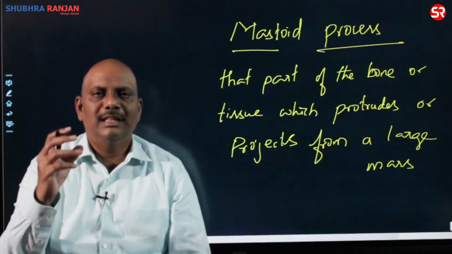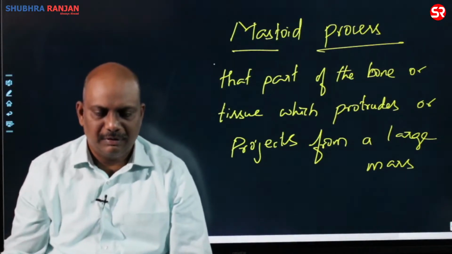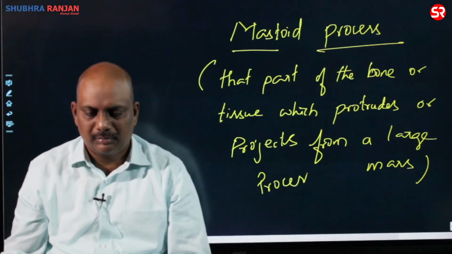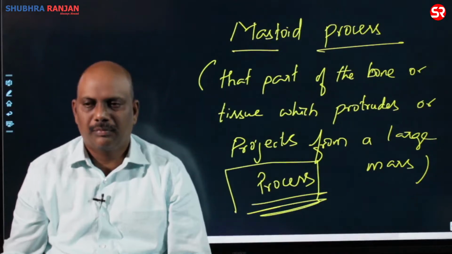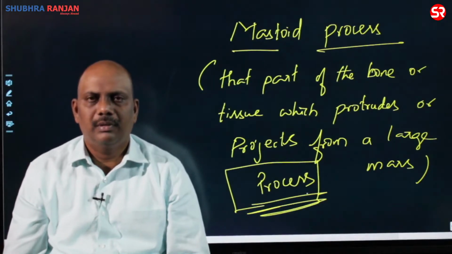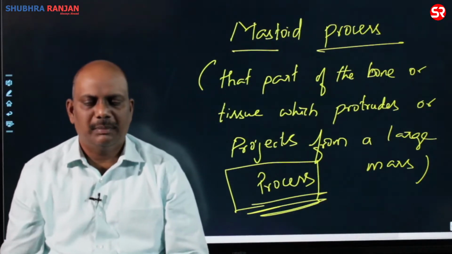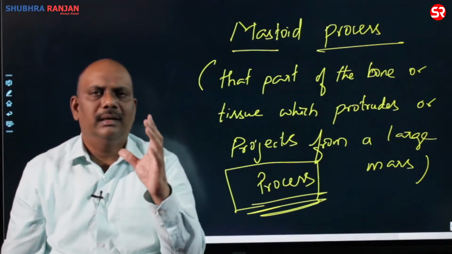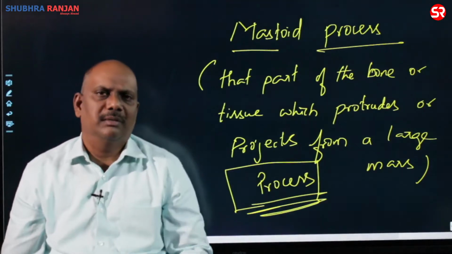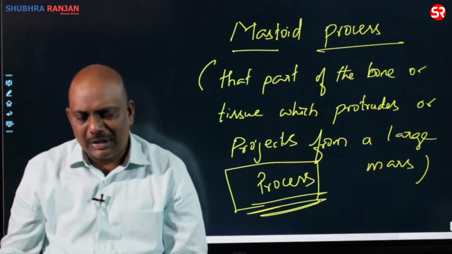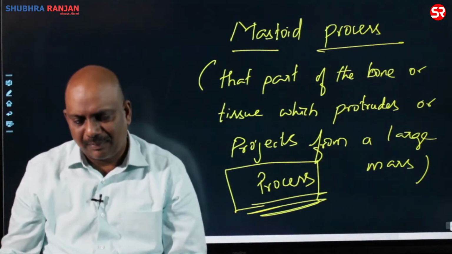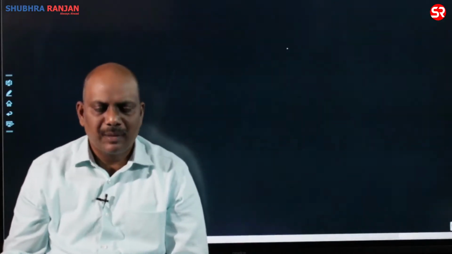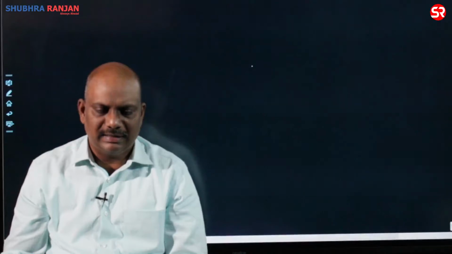This we call a process. This is the definition for process. Okay, so please take it down. This is a part of the bone or tissue which protrudes, which projects from a larger mass. So mastoid process. You take down the diagram for mastoid process, then I will show you where it is exactly.